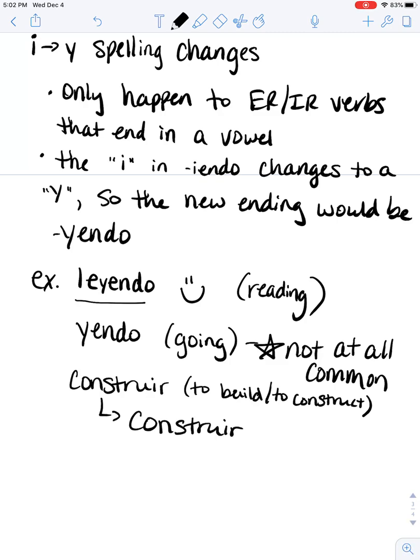So if we take off that IR, we're left with a vowel. And we add yendo for building. That would be the act of building, not like a building you go in. That's a whole different word. Or constructing.